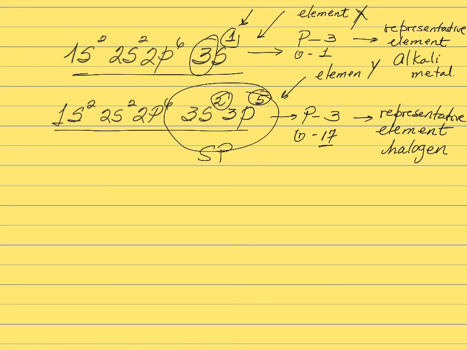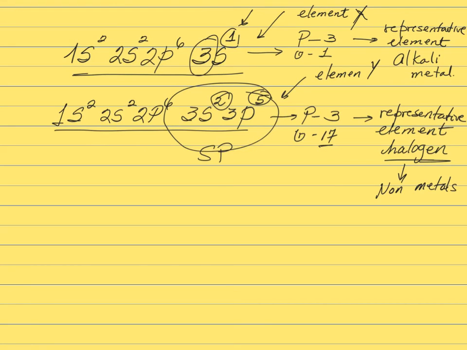Group 17, halogens; 18, noble gases. You already know that. Since it's a halogen, they are non-metals that react aggressively with alkali, alkaline earth, and other metals.